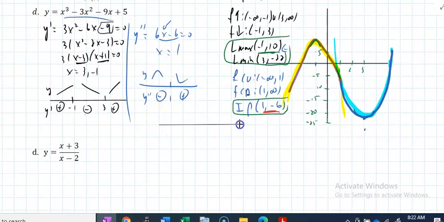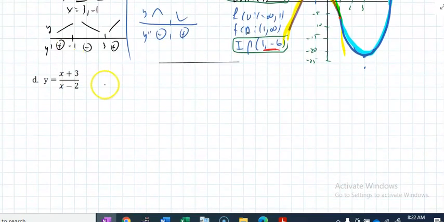Now, last type of problems, you do get a rational every now and then. And same deal here. We notice that x cannot be 2.